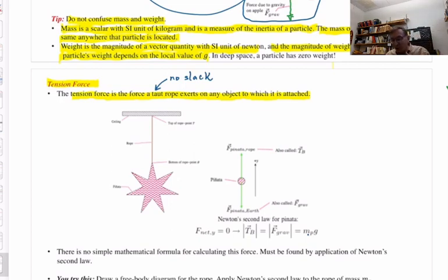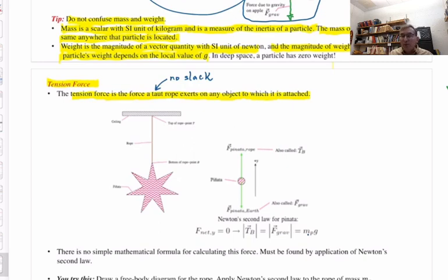and you connect that rope at its ends to things, objects, that taut rope is going to exert a force on the things that are attached to it. And the force that a taut rope exerts on the things to which it is attached is called a tension force.